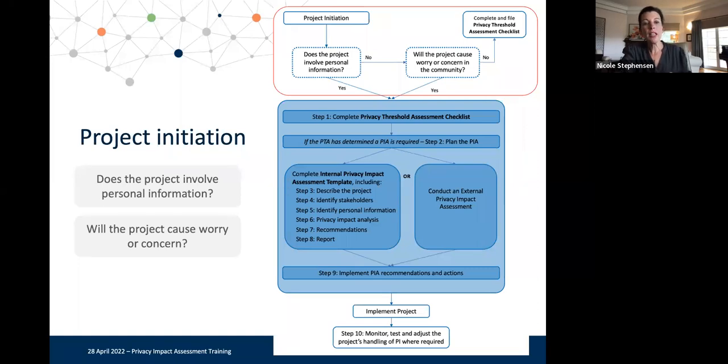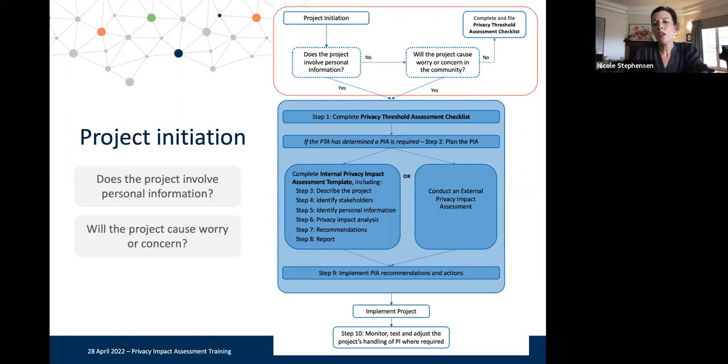So in the case of our scenario, does the project involve personal information? Well, yes, because the proposal is that users of the proposed free public Wi-Fi are going to set up an account. And to do that, setting up an account does require the inclusion of particular types of personal information, such as, perhaps, an individual's name, an email address, potentially other identifying details.